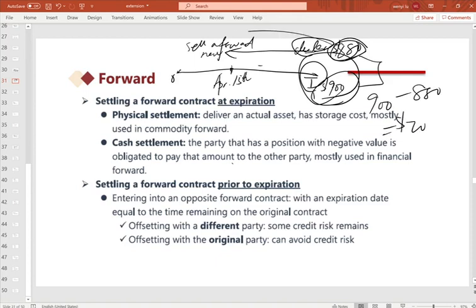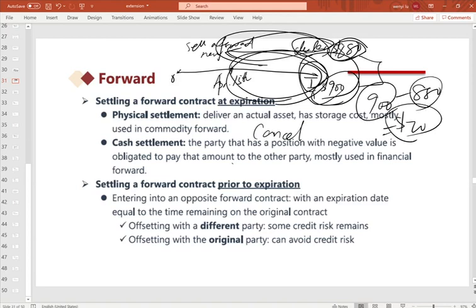So these two contracts will be automatically cancelled. They are on the same expiration date, with the same underlying asset, the iPhone. The only difference is the price.